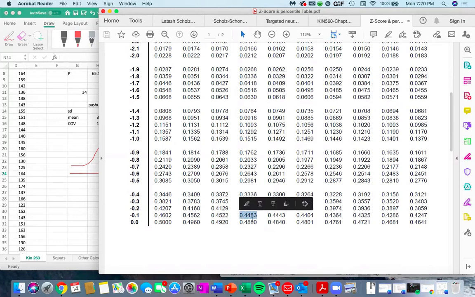So we have a probability of 0.4483. Okay, so let me stop sharing for a second.